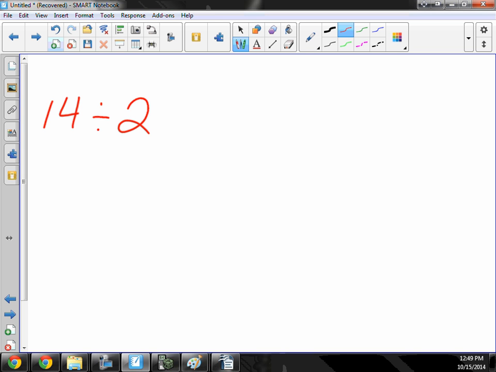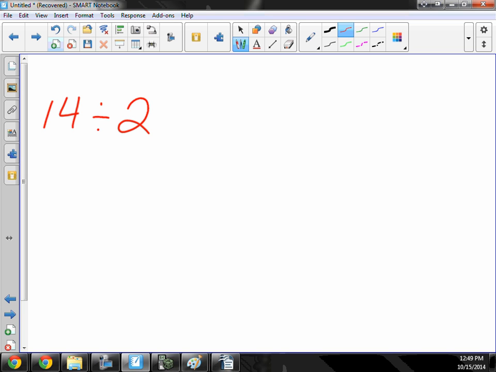But it also means if you had a 14-foot board and you cut it in half, how big would each board be? 7. It also means if you had a 14-foot board and you cut it into 2-foot lengths, how many 2-foot lengths would there be? 7. So division can mean a lot of things.